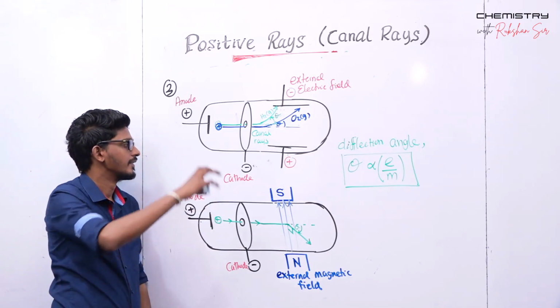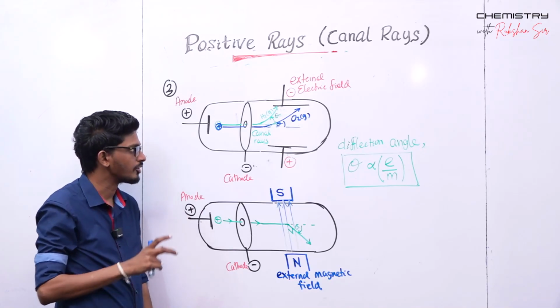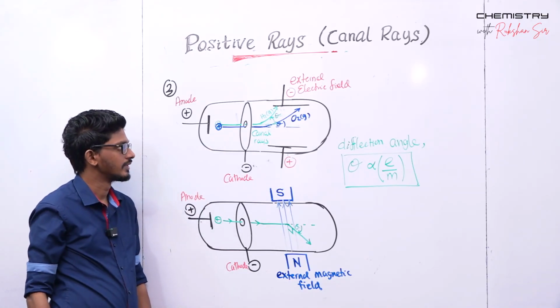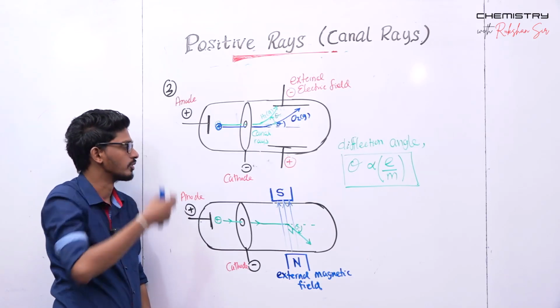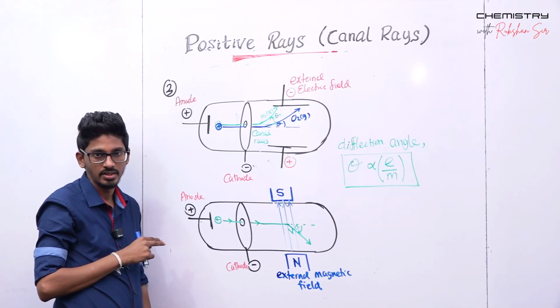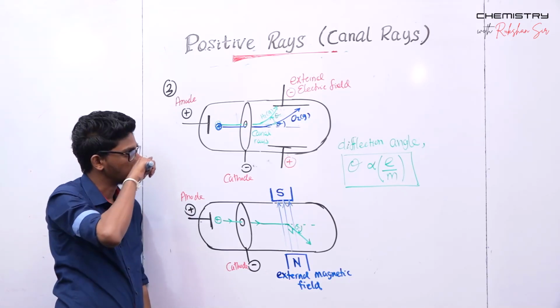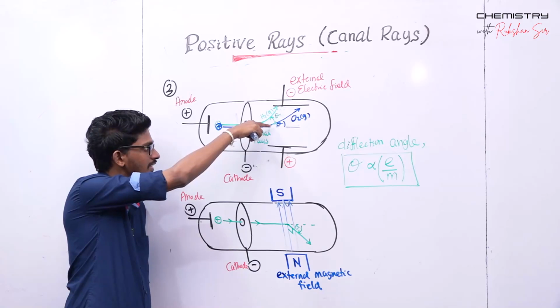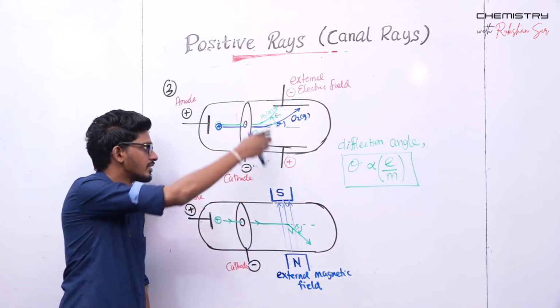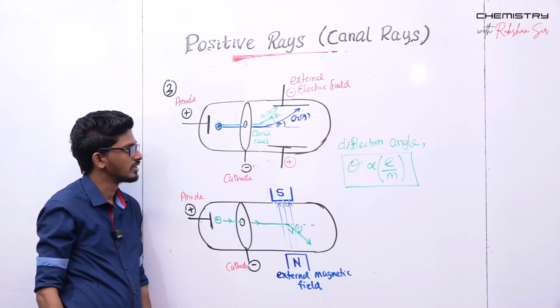The e/m ratio of positive rays differs with the gas inside the tube. It has nothing to do with the anode or the cathode, but varies with the gas inside the tube. So the e/m ratio of H2 is greater than the e/m ratio of O2. That is what the deflection angles tell us.